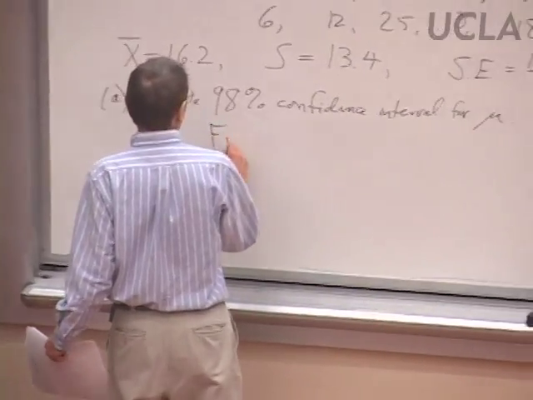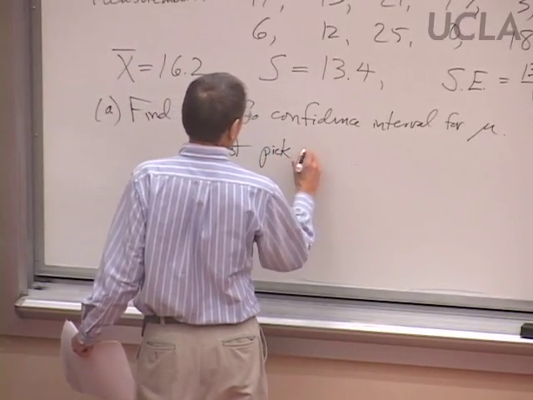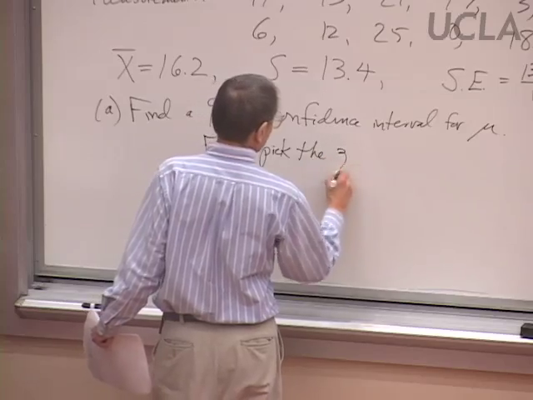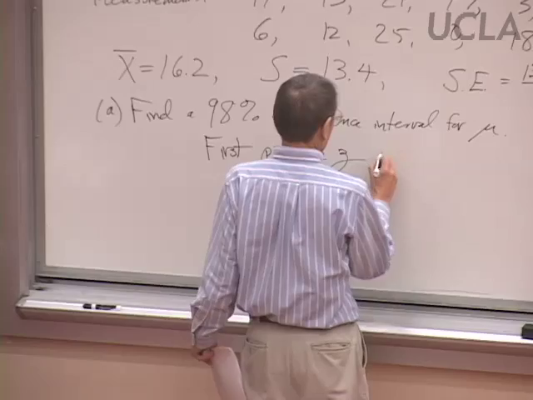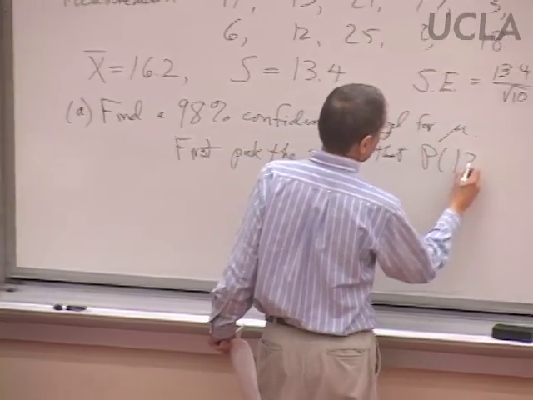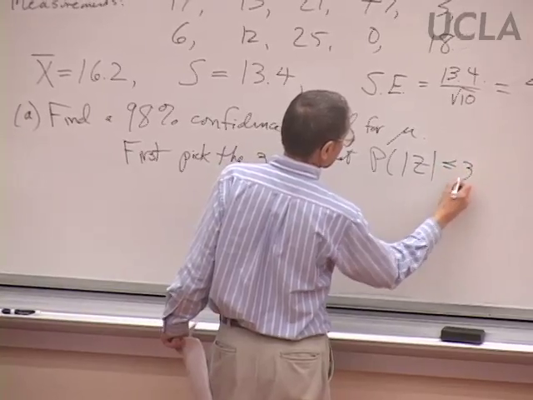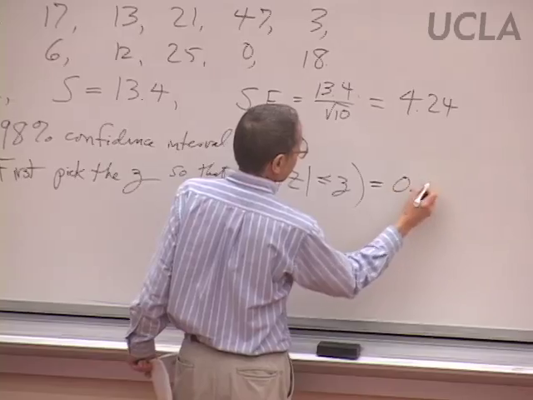So as step 1, we find what the z value is. The probability that something with a standard normal distribution is less than z in absolute magnitude has to be 98%.